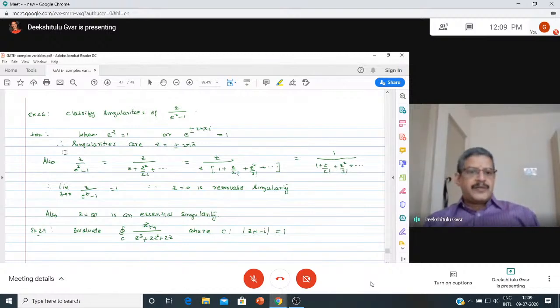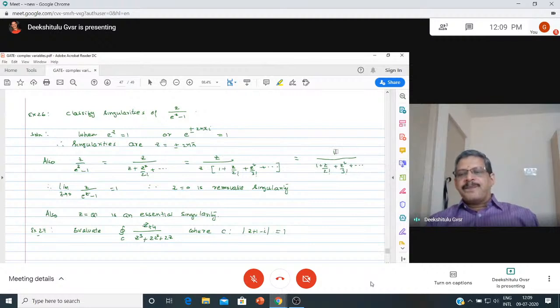Let us see what we mean by redefining the function. So z by e power z minus 1, where e power z is 1 plus z plus z square by 2 factorial, minus 1, that can be cancelled. The numerator z is there, and the denominator throughout has z. If you cancel that z, what happens is 1 by 1 plus z by 2 factorial plus z square by 3 factorial, and so on and so forth.